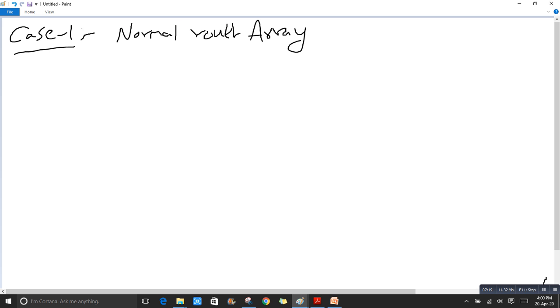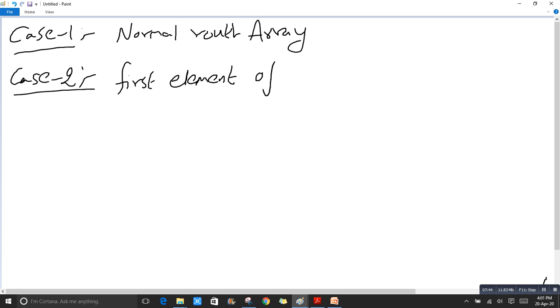Next, case 2: the first element of a row is 0, and the remaining elements are non-zero. So this is the second case condition.